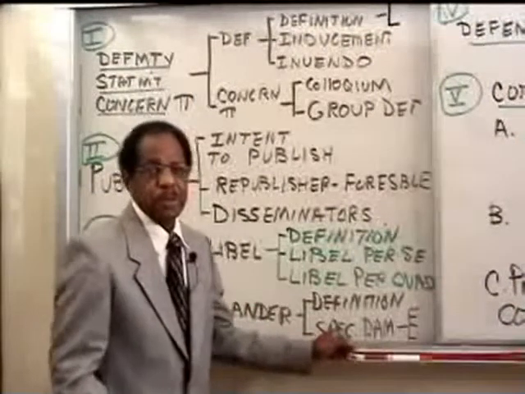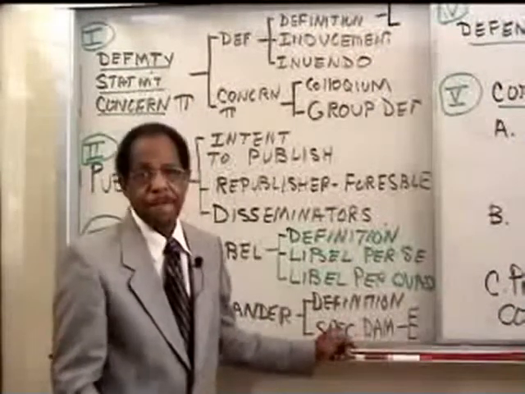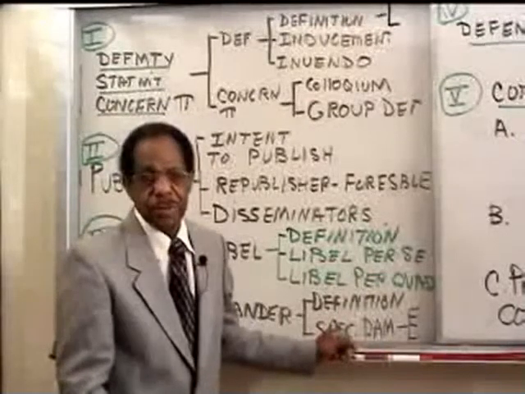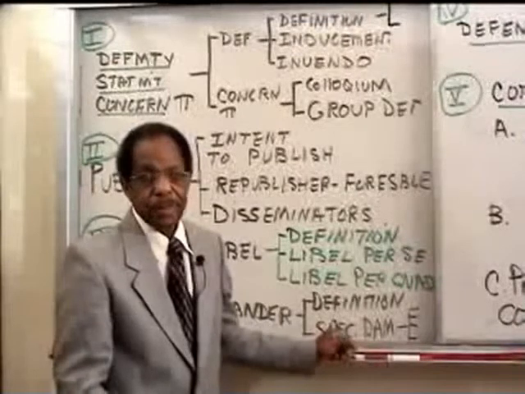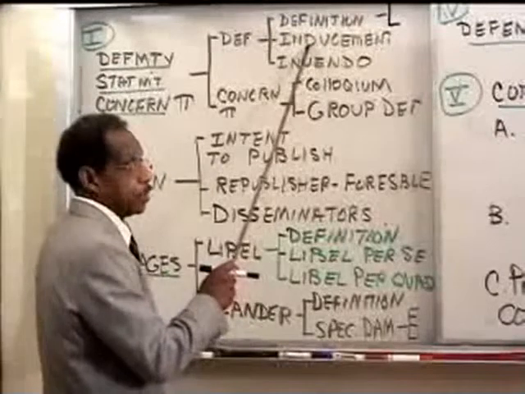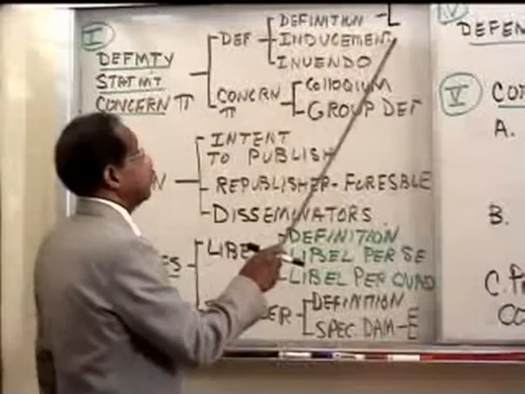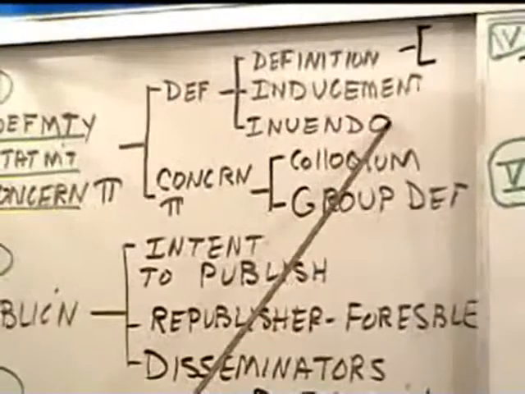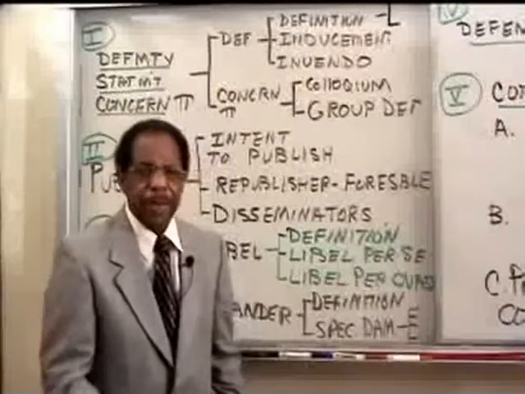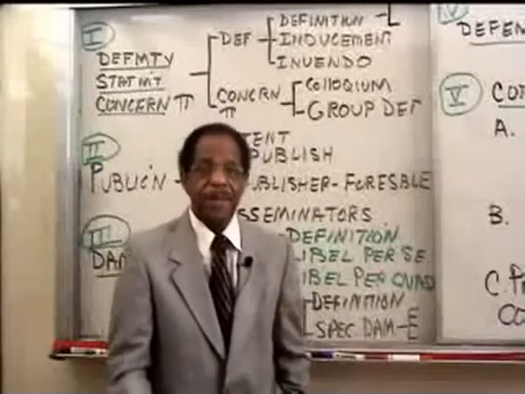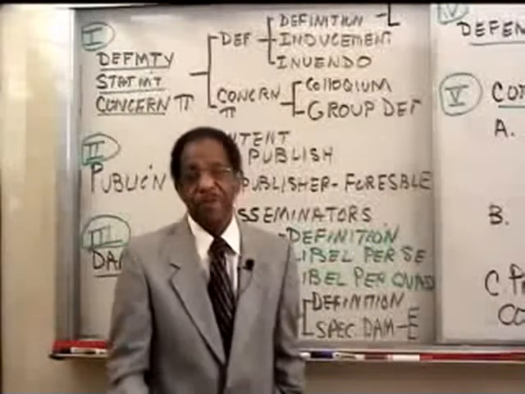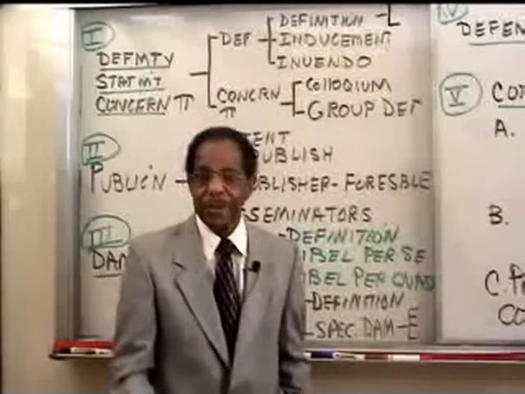The inducement is the part of the pleading where you explain that there were people out there who knew that Mrs. Jones just got married last month. So the inducement is needed in those cases where an additional fact is needed to make it defamatory. Innuendo is where you explain that although the statement has an innocent and a defamatory meaning, there are a number of people out there who would have taken it in its defamatory sense.